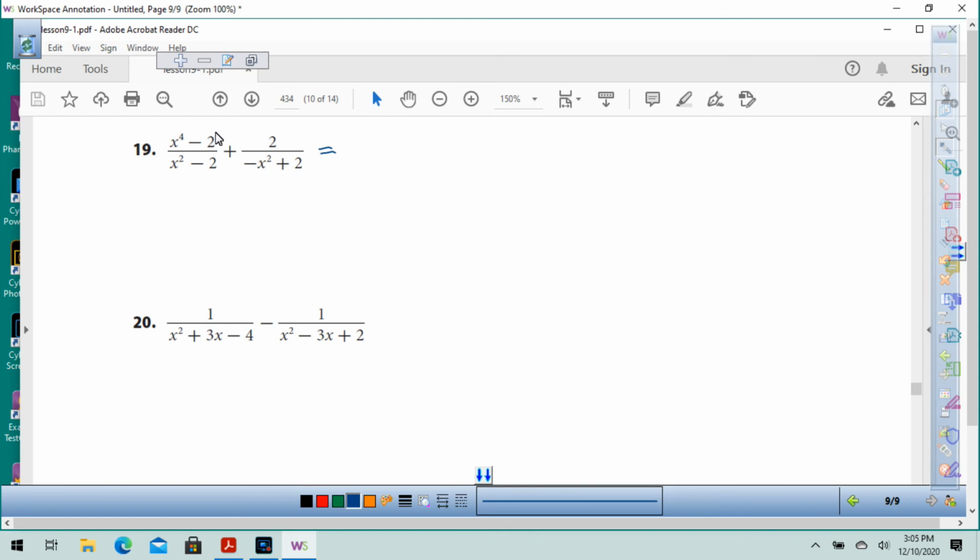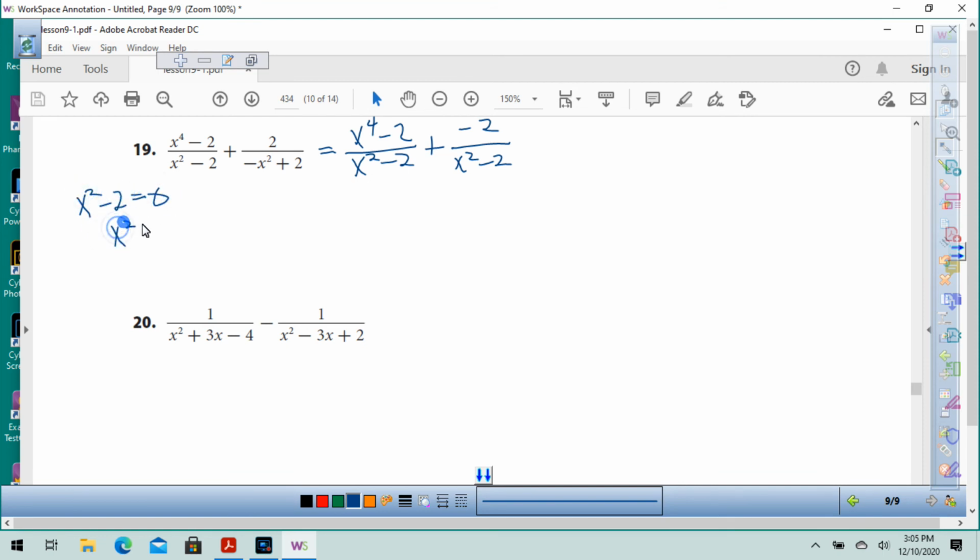If I was, let's see here, x to the 4th minus 2 over x squared minus 2 plus, and then notice, if I multiply the top and the bottom by negative 1, I got negative 2 over, wait for it, x squared minus 2. Now what do I have here? I have the same denominator. Now I'm going to go over here to the side. I got x squared minus 2, set that equal to 0.